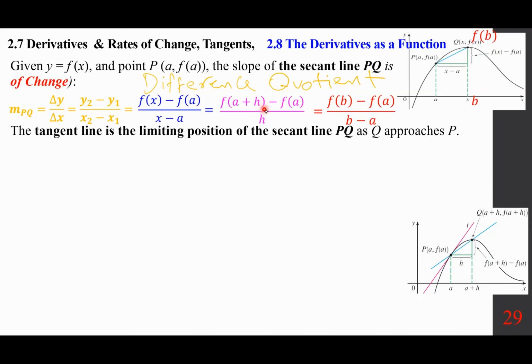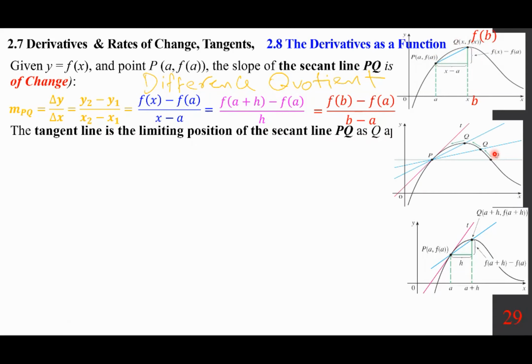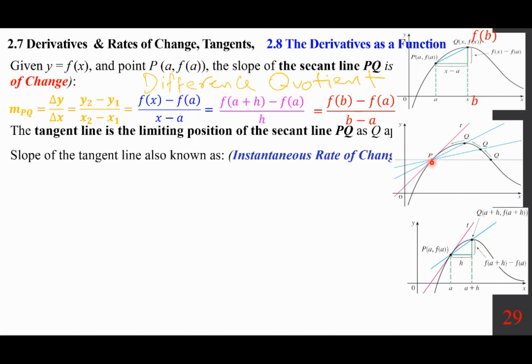Now, the tangent line is the limiting position of the secant line PQ as Q approaches P. So if this Q moves and gets closer and closer to P, what happens? Look at this one. We have the secant line and the next one and the next one, and ultimately you get to this line, which has only one point of connection, and it's called the tangent line at point P, which is therefore following this.